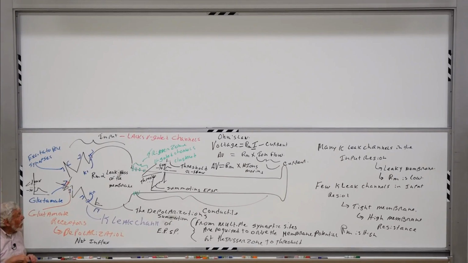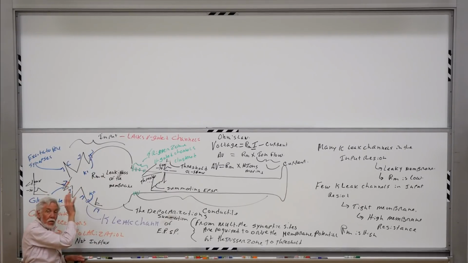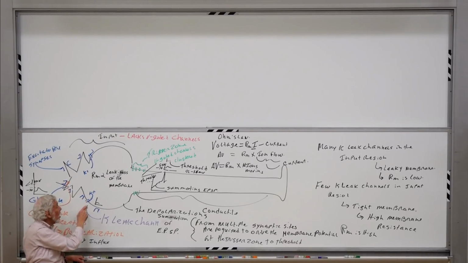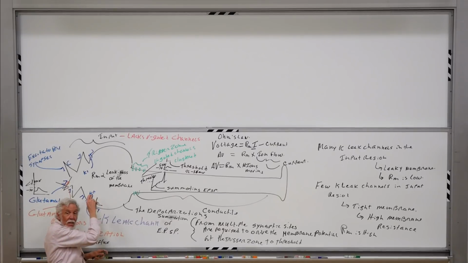So our next step here is going to be interspersed among these excitatory synapses, inhibitory synapses. And the role of the inhibitory synapse is, in fact, to change the membrane permeability to chloride. And as far as this membrane is concerned, it does not matter whether potassium is going out or chloride's coming in. That's all about the idea that we're going to change the membrane resistance here.